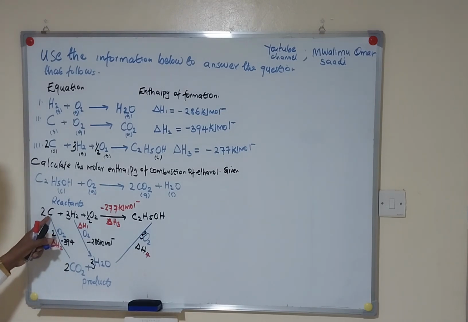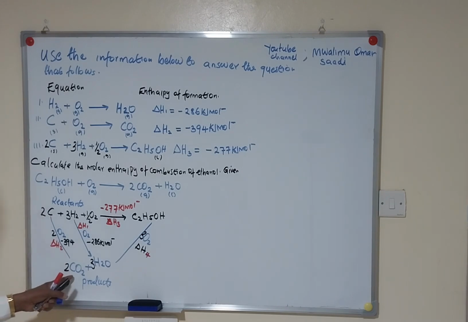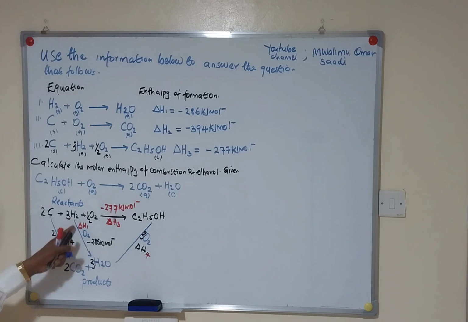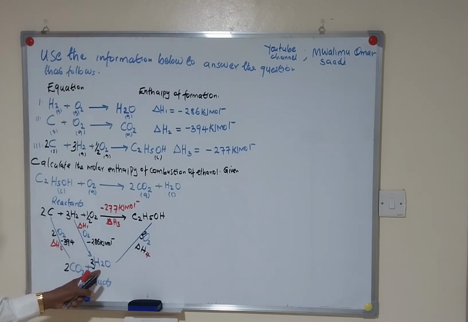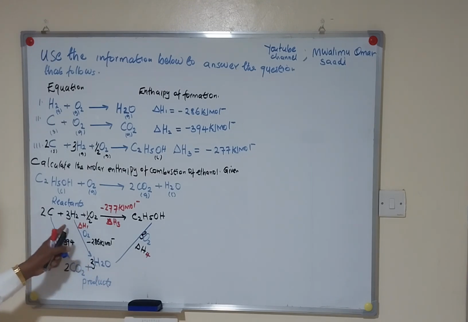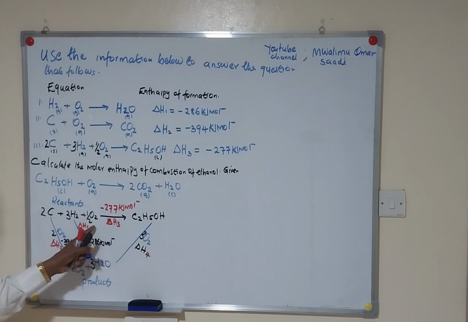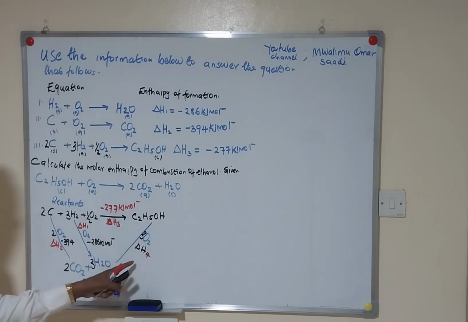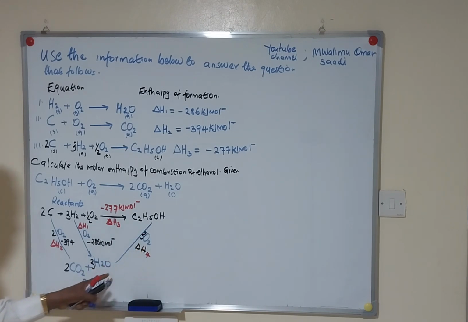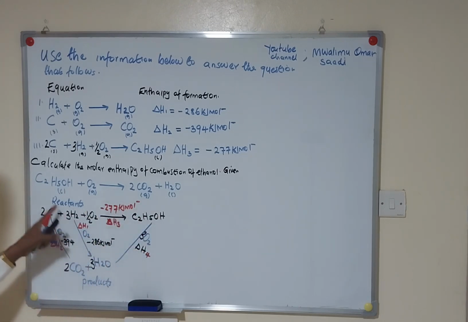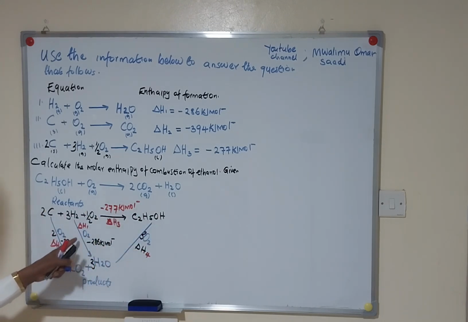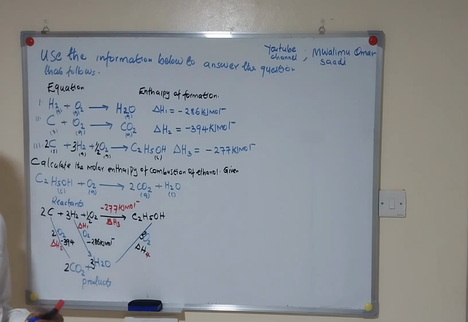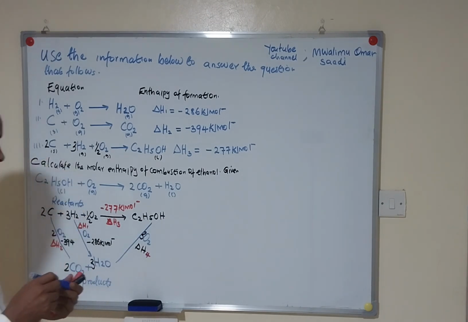If we follow this route from carbon to carbon dioxide, from hydrogen to water, that is route 1. The other route is carbon plus hydrogen plus oxygen forming ethanol. The ethanol is again burnt in oxygen to form carbon dioxide and water. So this is one route, and this is the other route. Regardless of the route followed, the energy change is still the same.